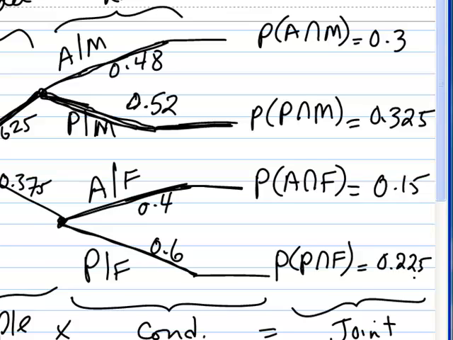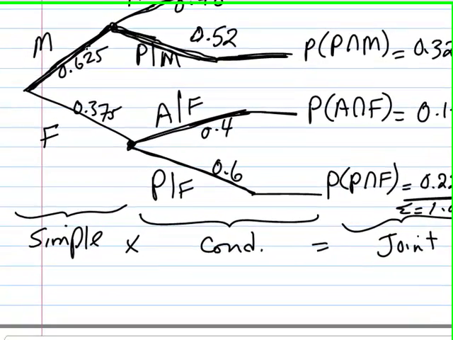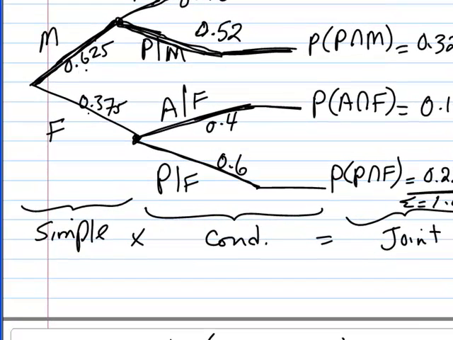Now obviously I told you all of those should add up to 1. Each of these numbers on these branches should add up to 1, and these two numbers on these branches should add up to 1.